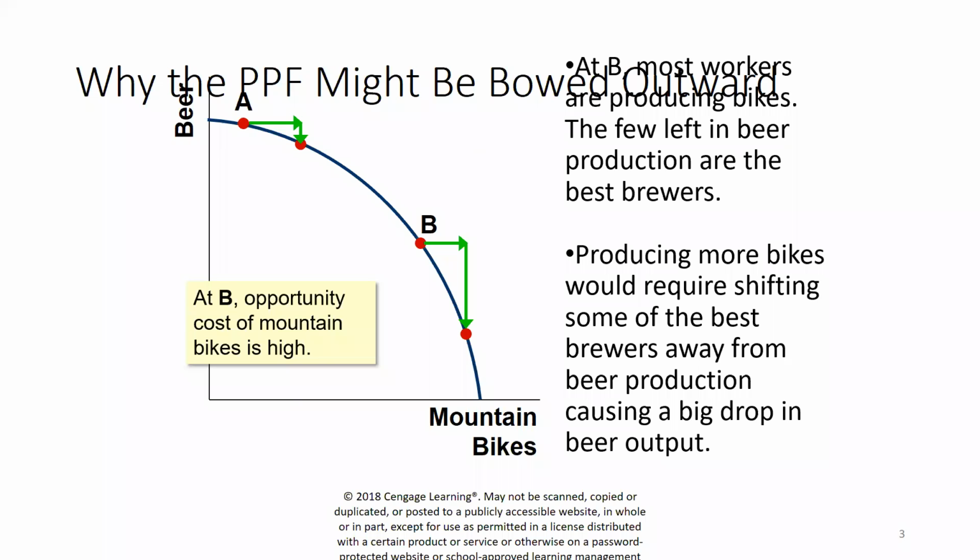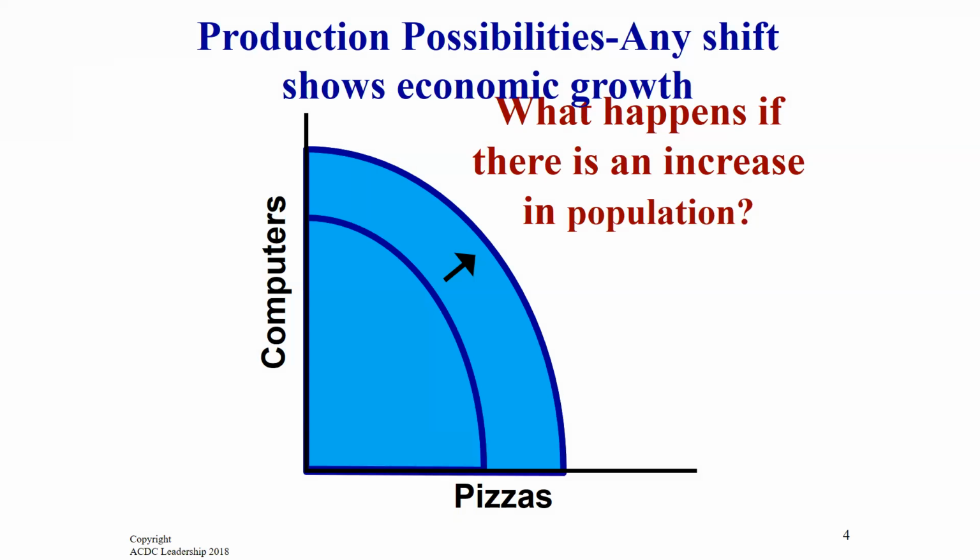And then the third kind of thing is a change in capital stock. What do I mean by capital stock? Anytime you're building more factories or more equipment and stuff like that, that would also shift the curve. The only reason I don't always put capital stock is that it's really a change in quantity of machines, or a change in quality of resources. Now, any shift shows economic growth.